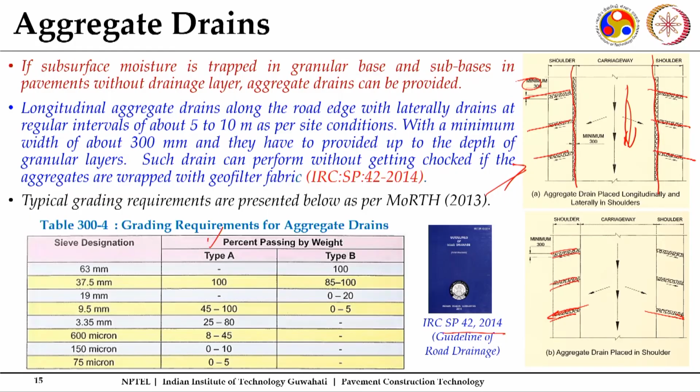Then you provide aggregate drains which have specific gradations, and the purpose of these specific gradations is to give good permeability. Normally, a drainage layer is expected to have a permeability of around 300 meter per day. So, good drainage capability is required. That is why following this aggregate gradation in the field is very important.